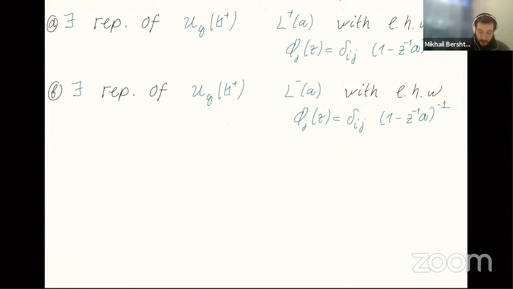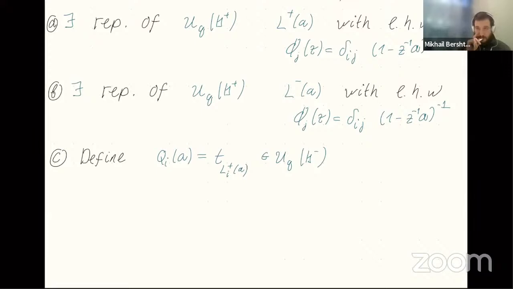Okay, what is the use of these representations? We can define Q_i of A to be the trace of T L_i plus of A. This belongs to U_q of B minus. So it means that I take the universal matrix, substitute on the first factor our representation L plus, and then take the trace.